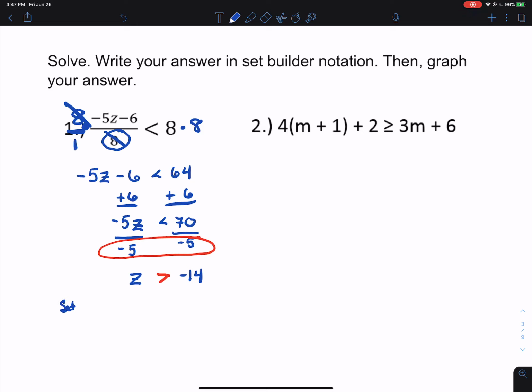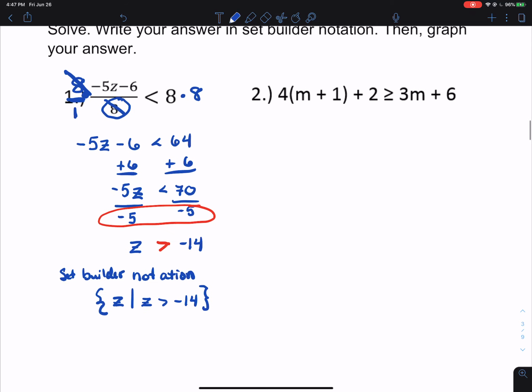So to write my answer in set builder notation, I use my bracket. I use the variable that I solved for, so I solved for z, my line for such that z is greater than negative 14.